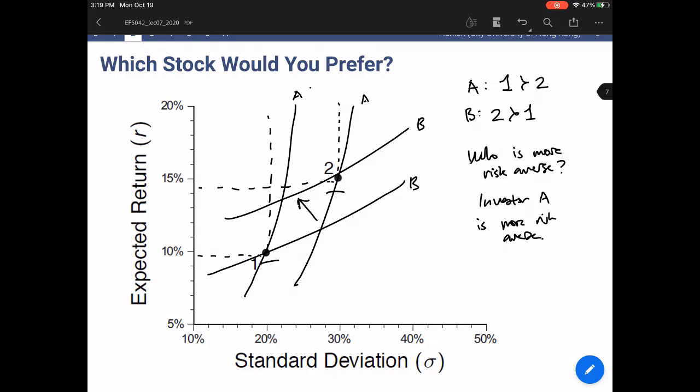We can represent this by varying the weights of our portfolio and outlining a graph of possible portfolios that we would hold. That gives us the relationship between expected returns and volatility.